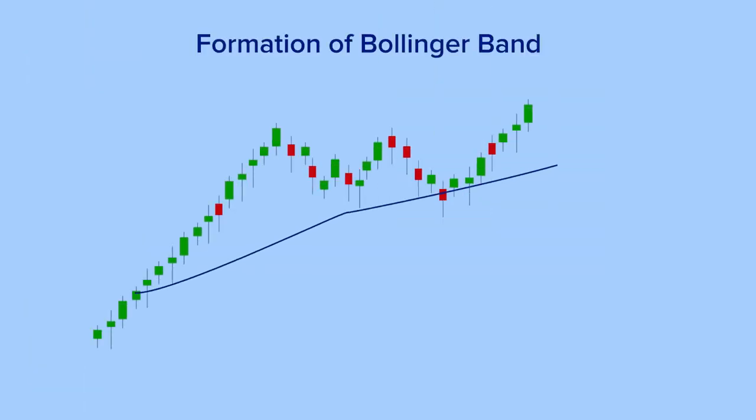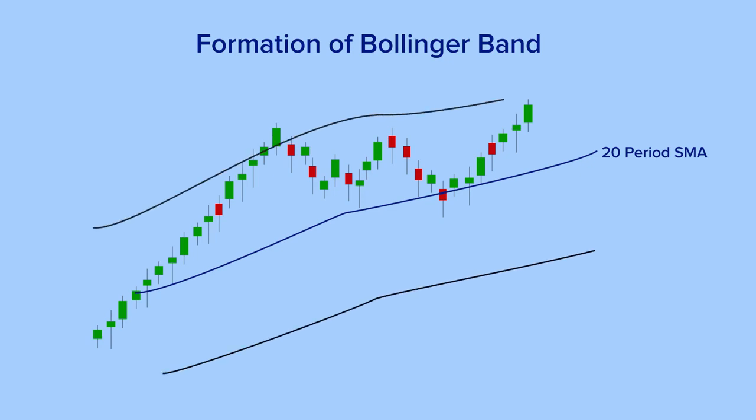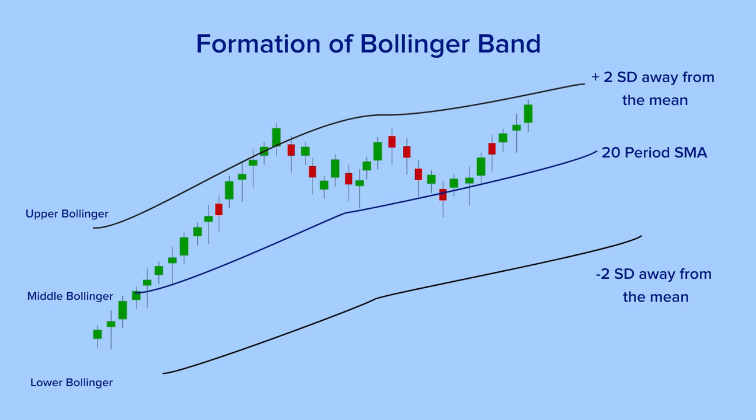First, there is a 20 period moving average, or any period moving average you want to take. Then we take two standard deviation away points. The two standard deviation away points on the upside form the upper Bollinger Band, and the two standard deviation away points on the downside form the lower Bollinger Band.